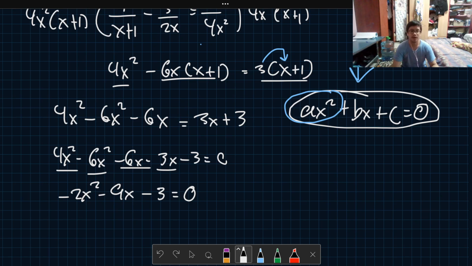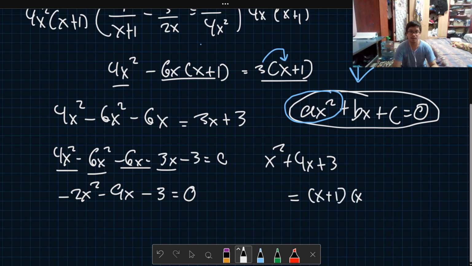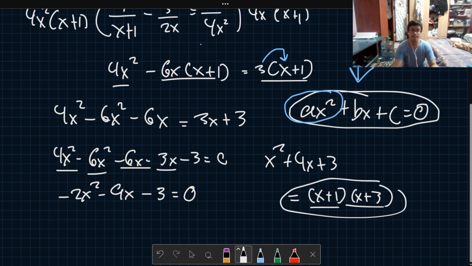Like for example, if I have x squared plus 4x plus 3, if I'm going to factor them, the result would be x plus 1, x plus 3. It would look like this. So you have two binomial factors. When I say binomial, I mean two terms. 1, 2, 1, 2.